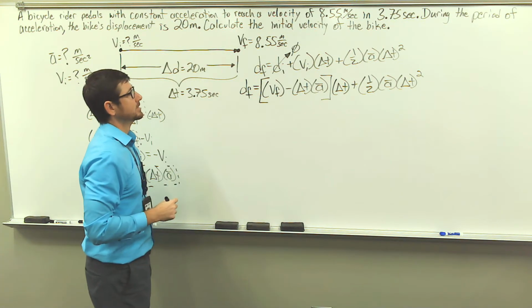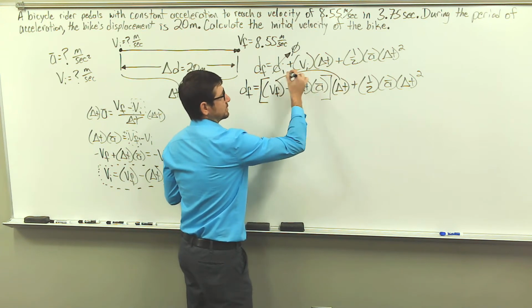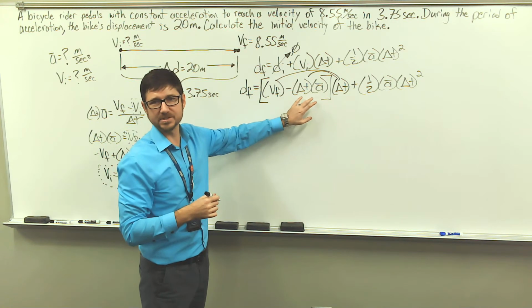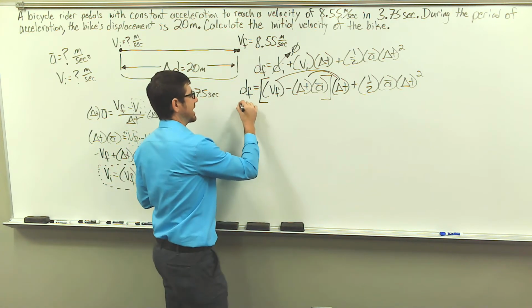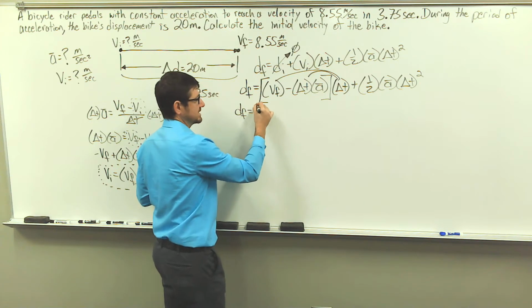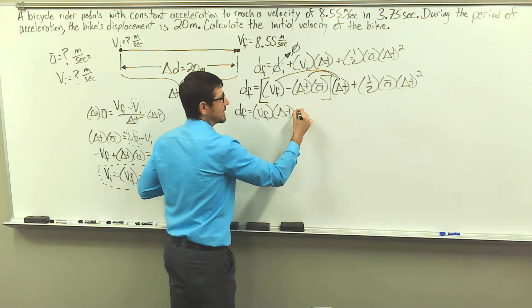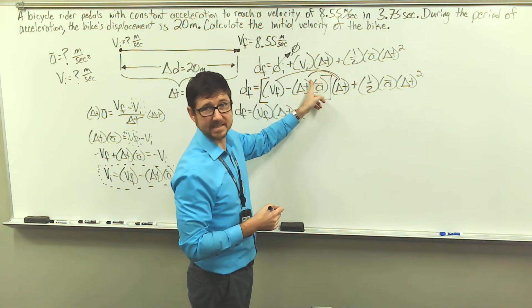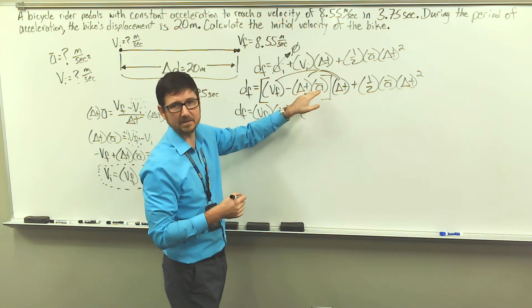Now, at this point, what we want to do is distribute our time interval into our substituted equation. So when I do that, I have our final displacement is equal to our final velocity times our time interval minus, now we're multiplying delta t in here, so we're going to have delta t times a.